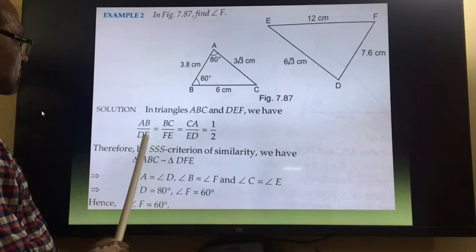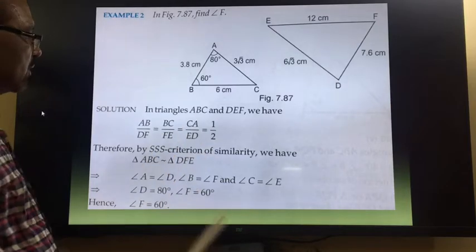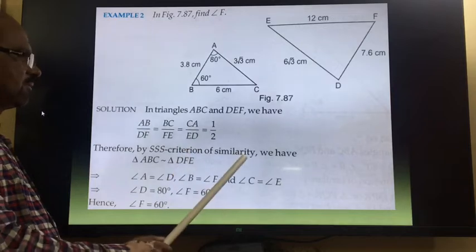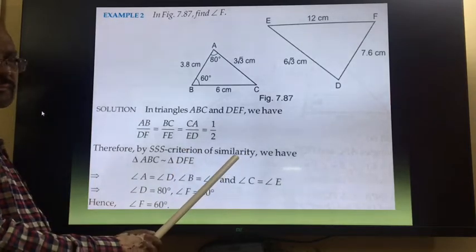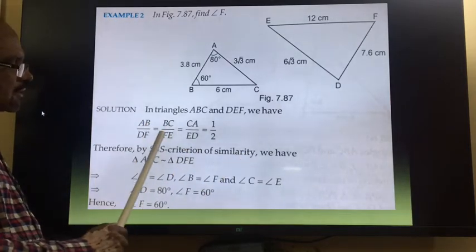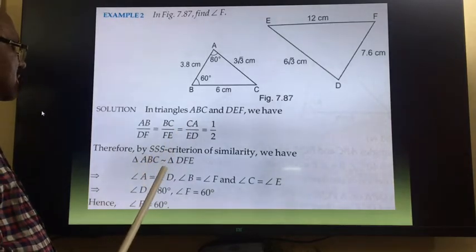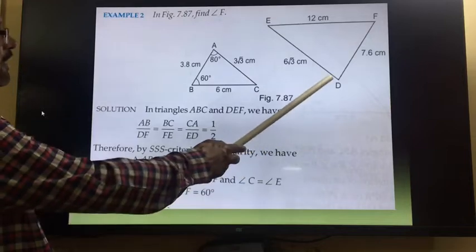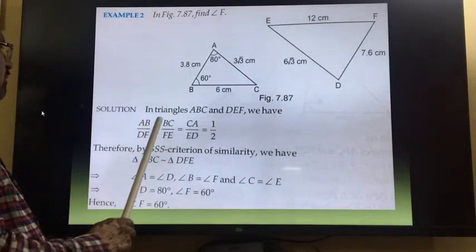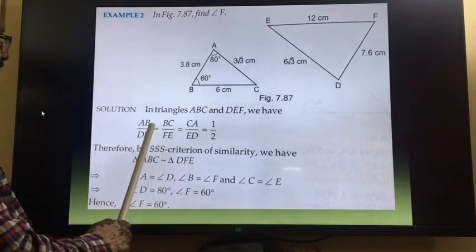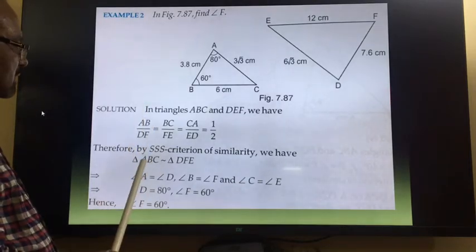So the ratio of the corresponding sides is the same, that is equal to 1 by 2. So by SSS criteria of similarity, if corresponding sides are proportional, then triangles are similar. So triangle ABC will be similar to triangle DEF, because the ratio of the corresponding sides is the same.